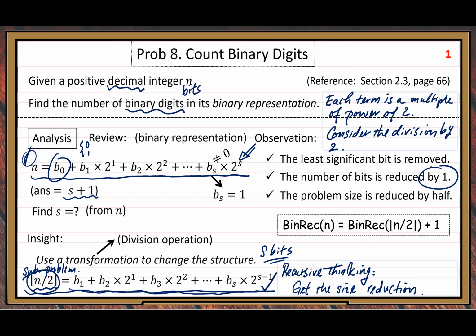Then you have this critical step, the recurrence relation. We know how to solve the problem with a given recurrence relation, but we need a base case. The base case: bin rec when n equals 1, the number of bits is also 1. We discovered this recurrence relation, so we can solve it.